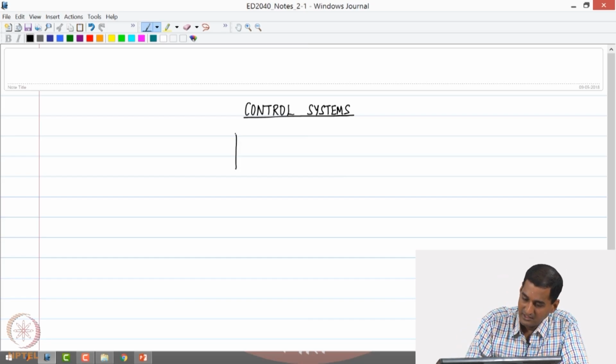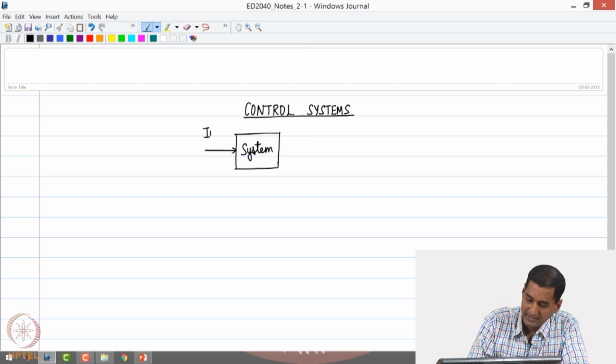If you recall, for us a system is an entity to which we provide an input u of t and we get an output y of t.